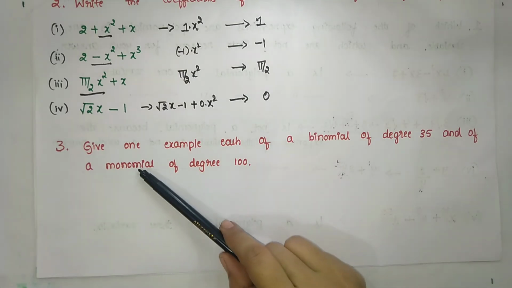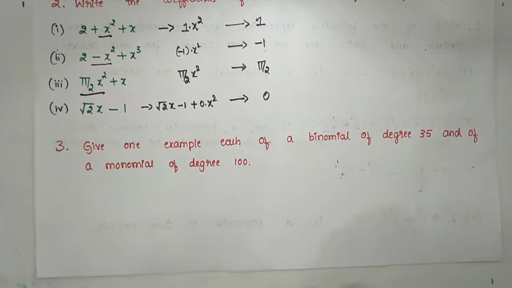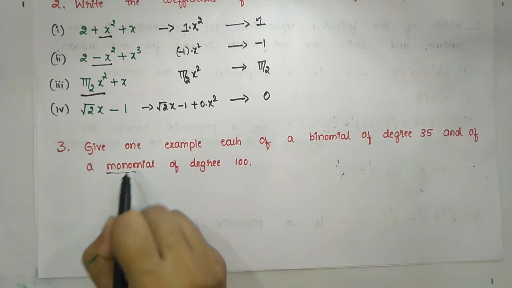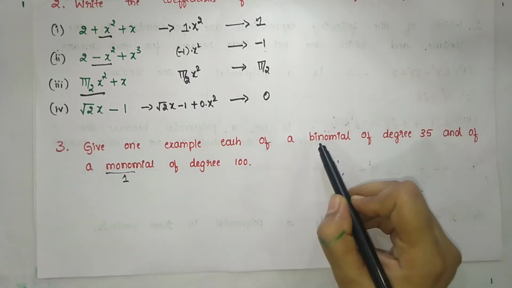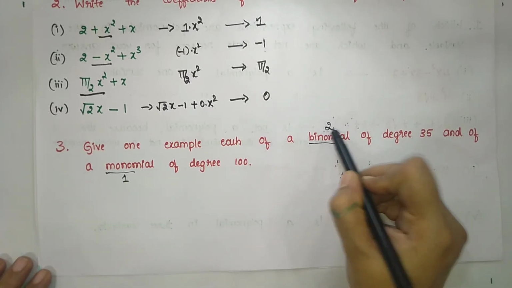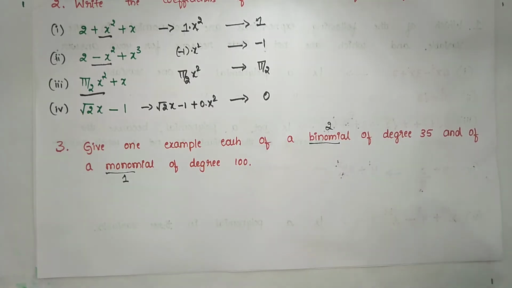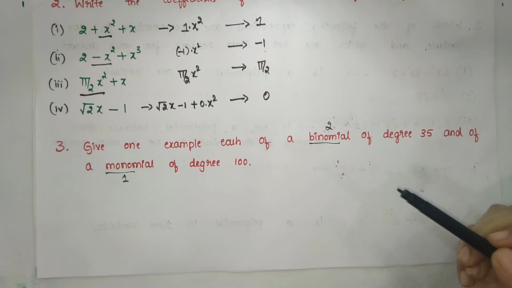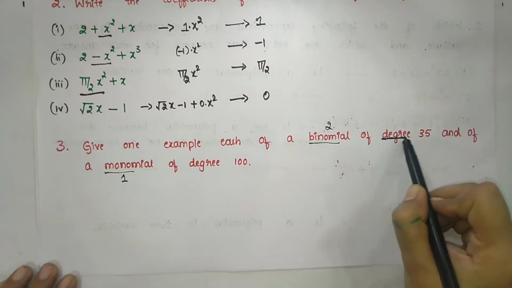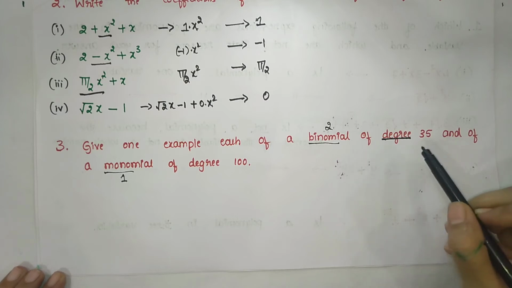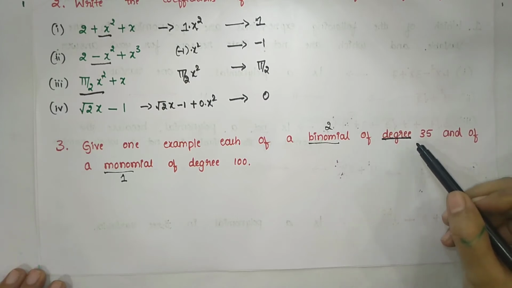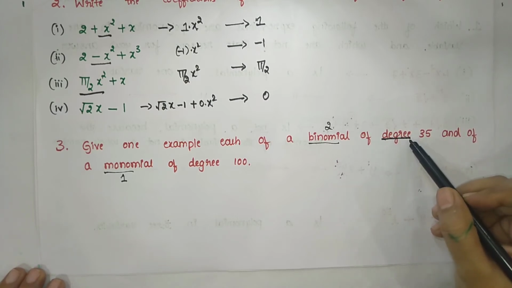If there is only one term in the polynomial, it is called a monomial. If there are two terms, it is called a binomial. And if there are three terms, it is called a trinomial. And the degree is the highest power of the variable in the polynomial.